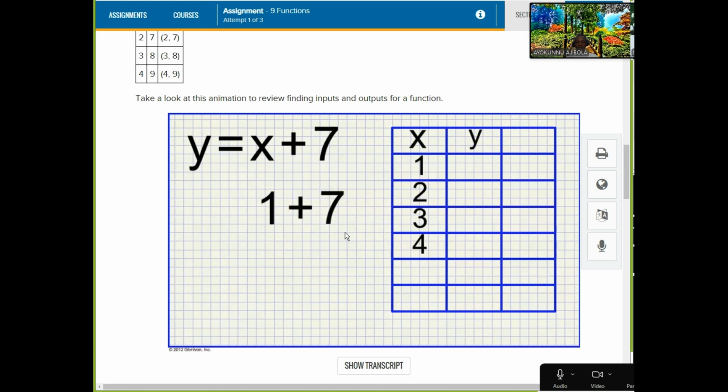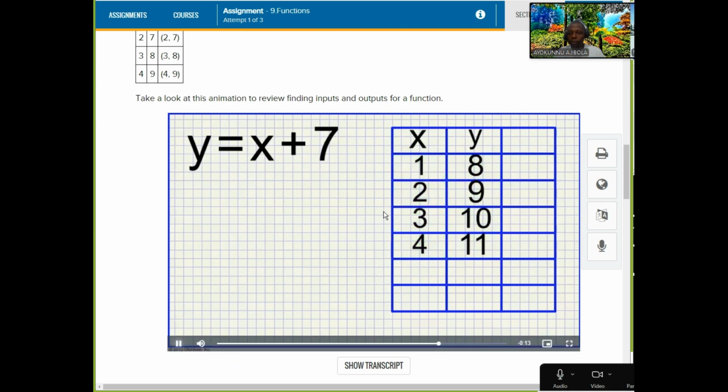To find the y values, the x values are substituted into the equation. Notice that the y values increase by 1 as the x values increase by 1. Each x value is paired with its corresponding y value. Together, these pairs are solutions for the function. These are called ordered pairs and are shown using parentheses.